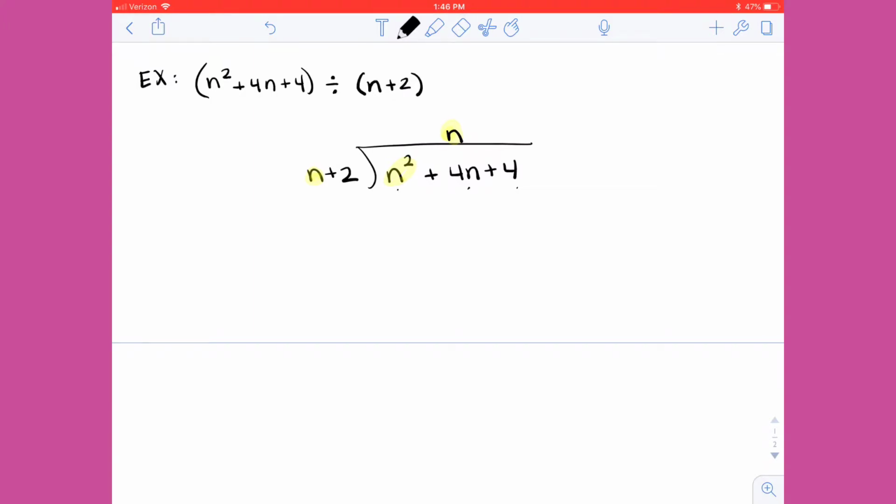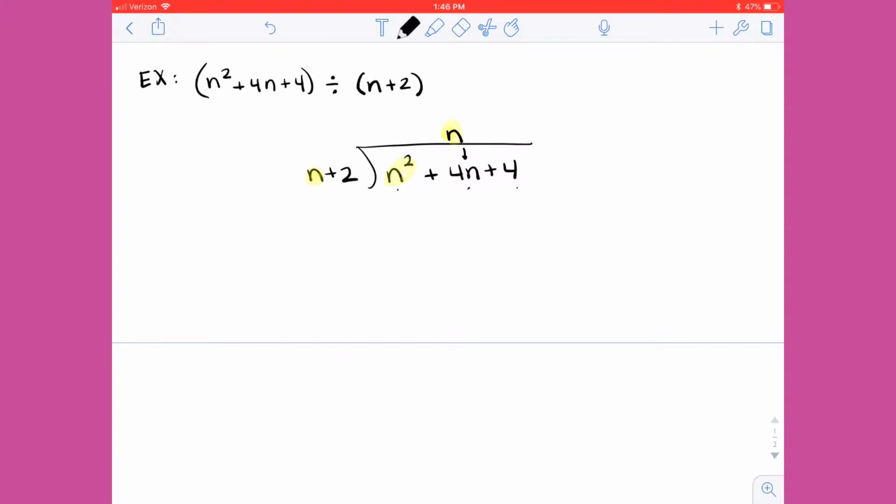Well, n times n gives me n squared, but notice this is n to the first degree, and so I want to put n to the first degree in the column of all of my n's to the first degree. So n times n is n squared. I subtract. N squared minus n squared goes away. And I'm going to bring down everything that's left over. Oh, wait. No, I'm not. I lied. Just kidding. Sorry.